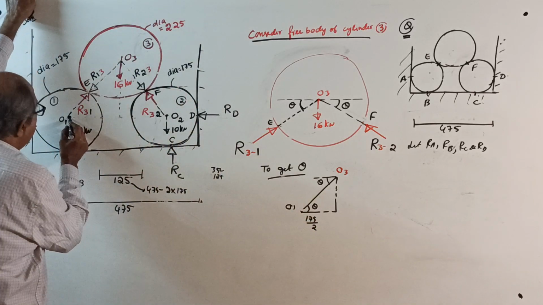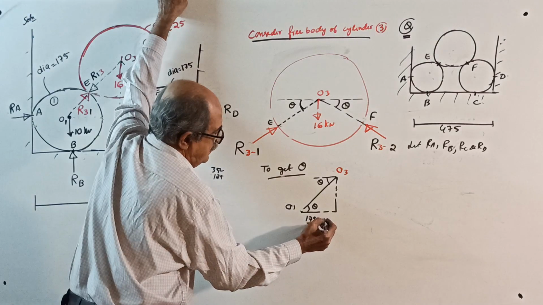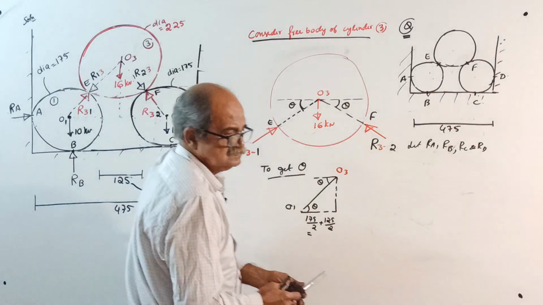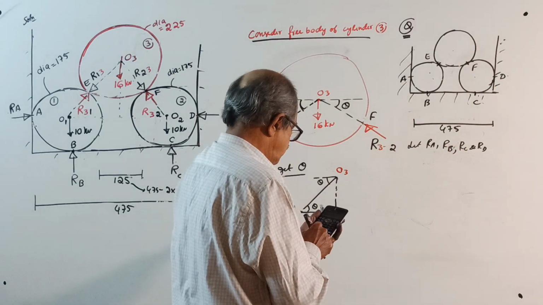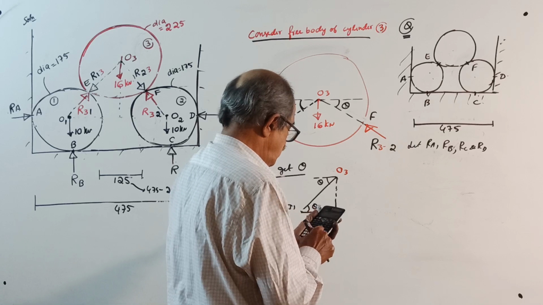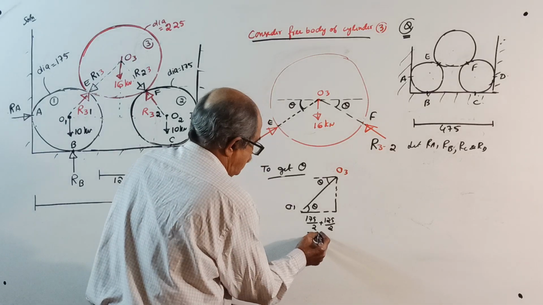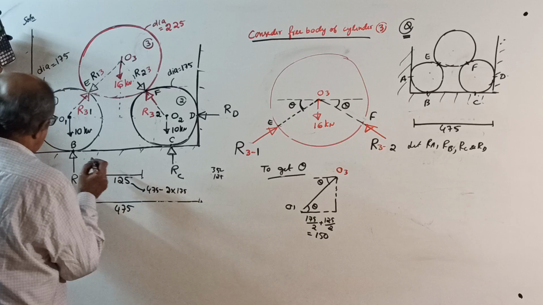That is this radius plus half of 125, that is 125 by 2. 87.5 plus 125 divided by 2 is 150. This is 150. See, correctly observe.